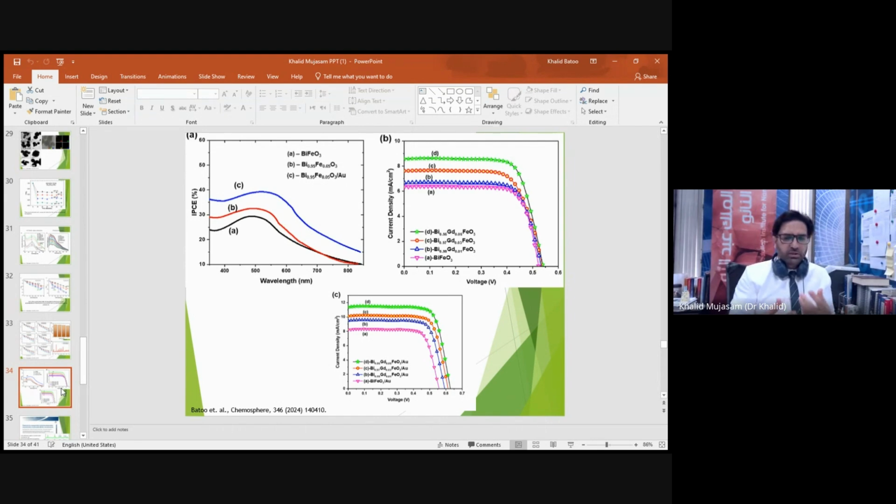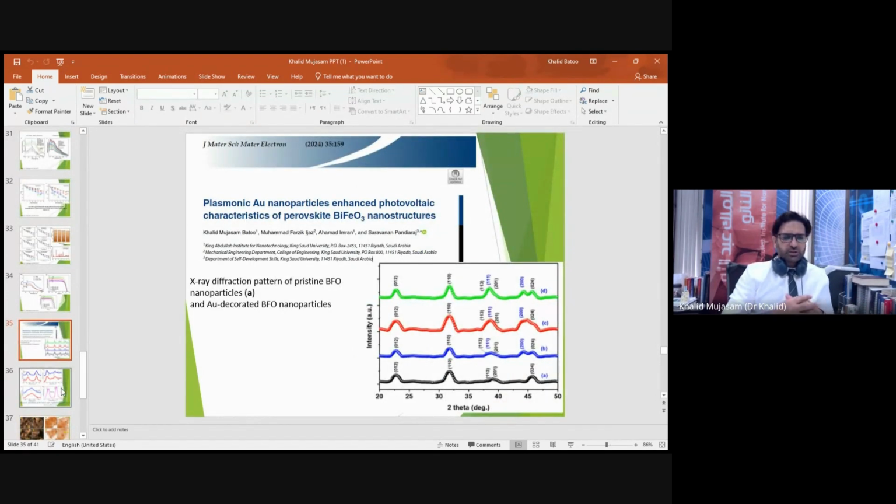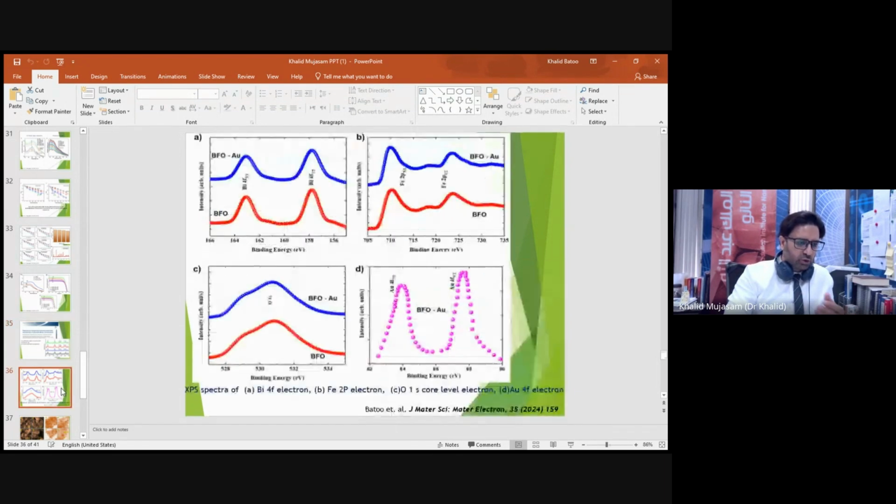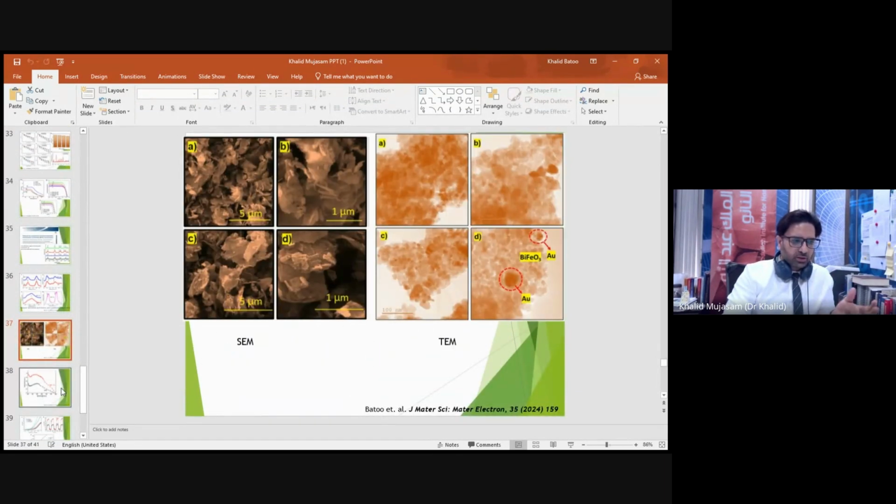We prepared the material through simple hydrothermal methods and chemical processes. However, we had a different aspect where we chose to have simply a green effect. Is the green synthesis going to achieve something better compared to the earlier reports? Let me go to the SEM and TEM images of these.